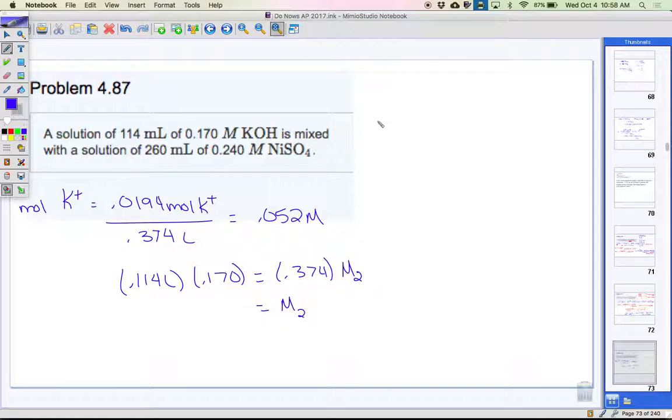Okay, so you started with 0.114 liters times 0.170 moles per liter. And then for every 1 mole of KOH, you have 1 mole of K plus. Oh, you only had... And don't use two. There's no 2 there. It's not K2OH.